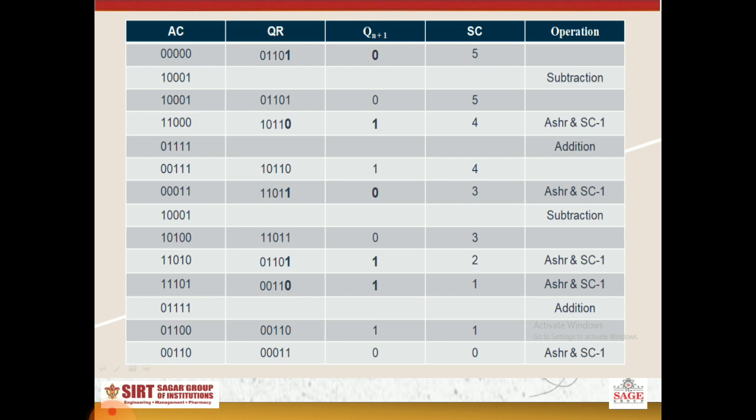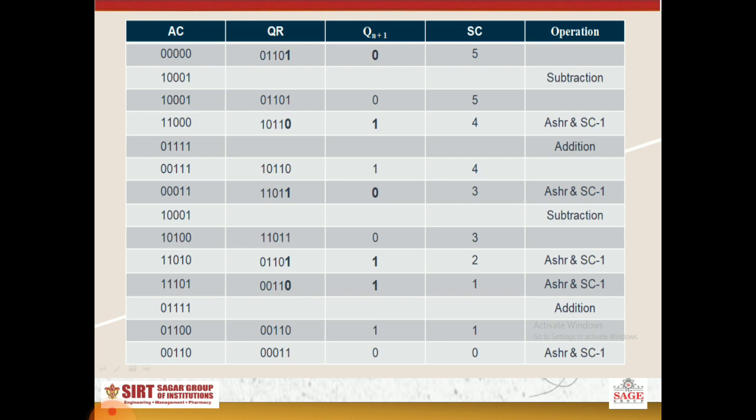Now, since SC is not 0, again check the values of Qn and Qn plus 1. This time we got the value of Qn and Qn plus 1 as 1, 0.